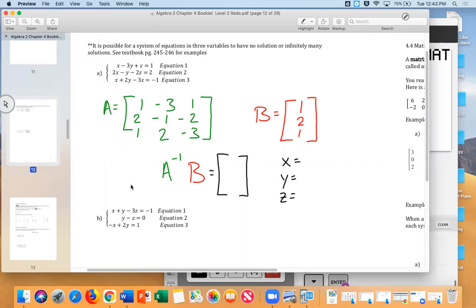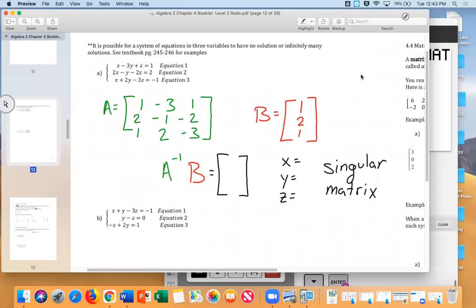So this one says singular matrix, which means either it's no solution or infinite solution, right? One or the other. You're telling me to do all this work just for it to be a singular matrix? Do you want to do it the other way just to find out it's a singular matrix? Yeah. Okay.